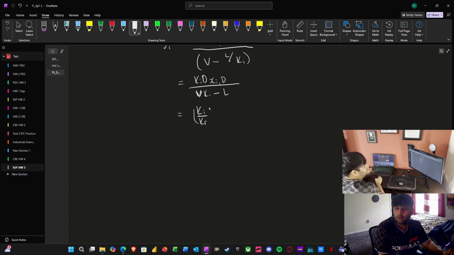We get d xi d over v ki over kr minus L over kr.